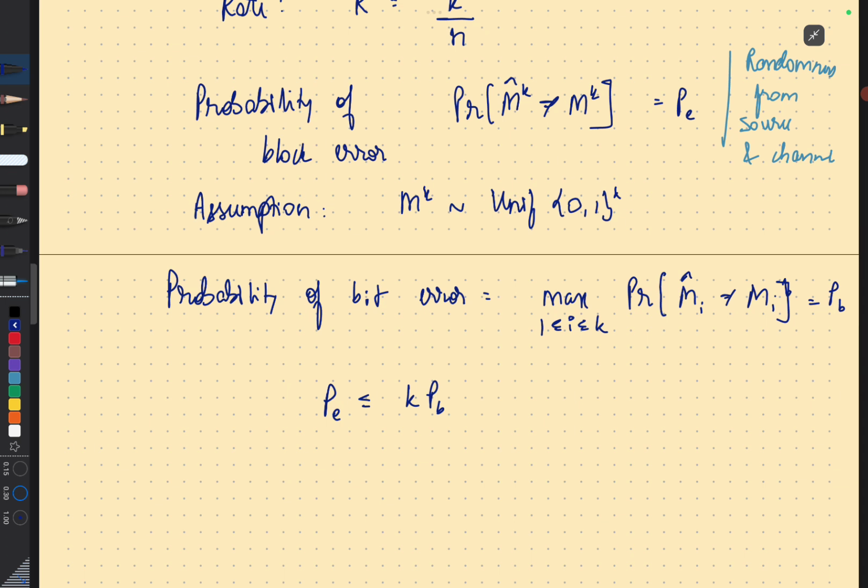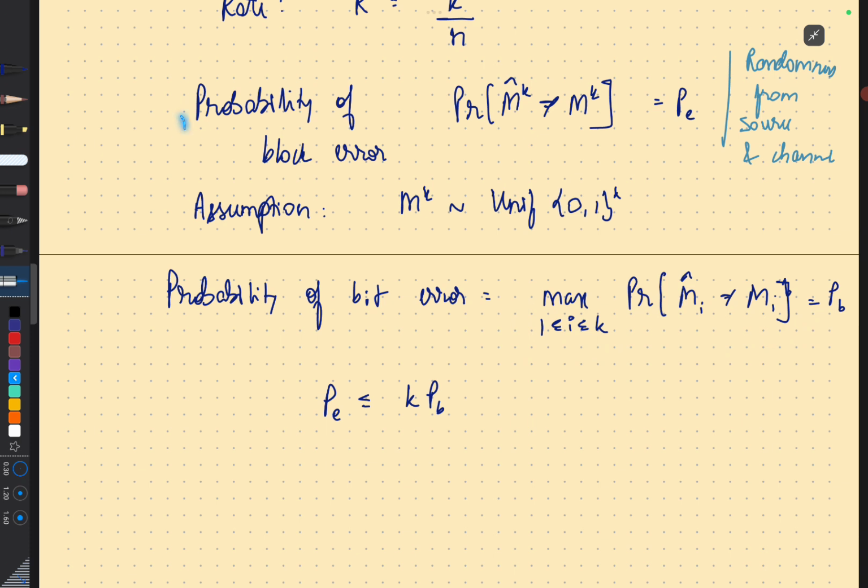So when do you have a block error? There's a block error if at least one of the bits is in error. If all the bits are recovered correctly, then it means that the whole block is recovered correctly, right?